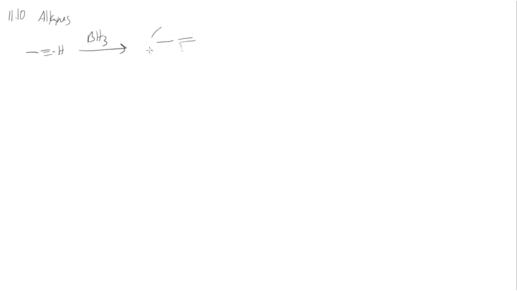I can look at a transition state where my BH2 is adding to my alkyne on one end and my H on the other. And then I can oxidize that off, again with H2O2, hydrogen peroxide, and hydroxide. And that replaces the BH2 with an alcohol.